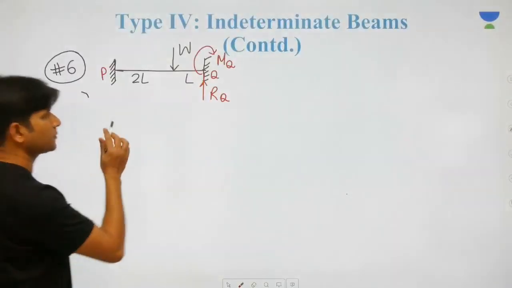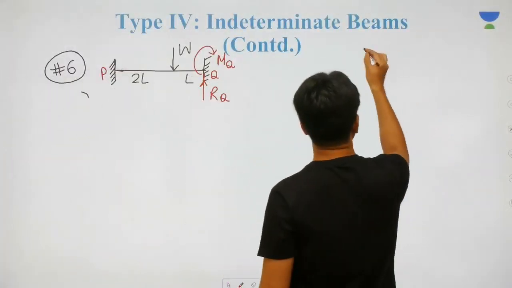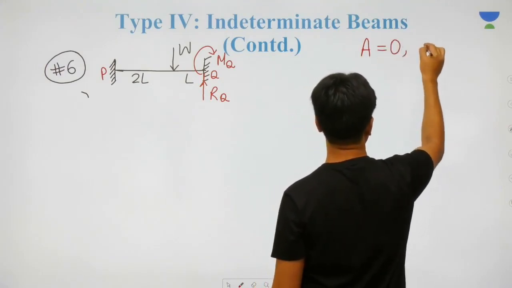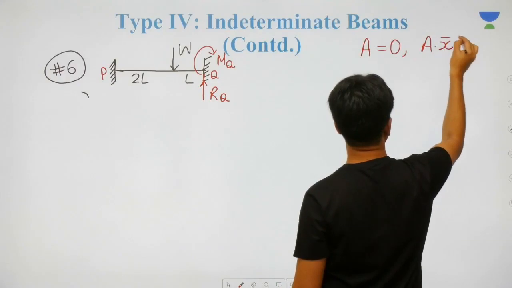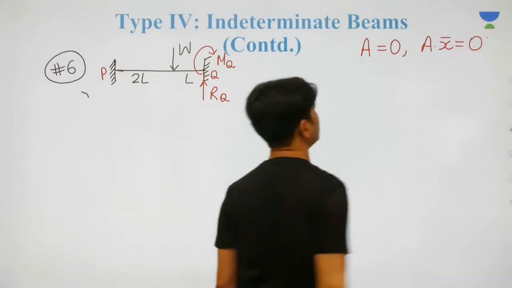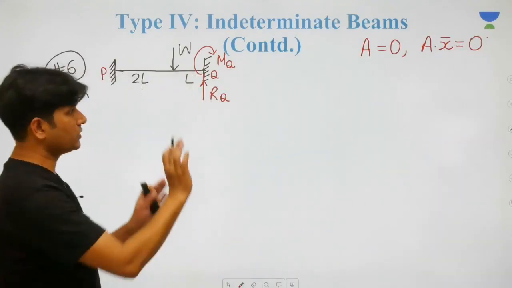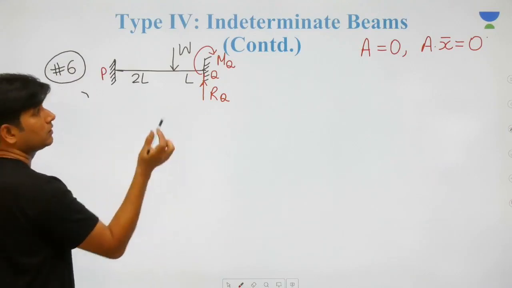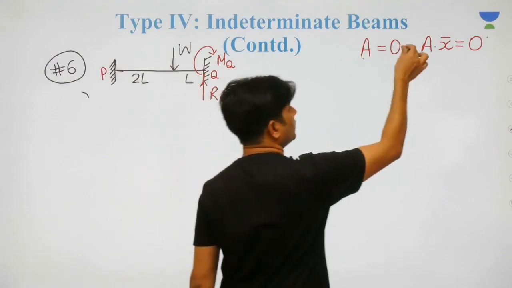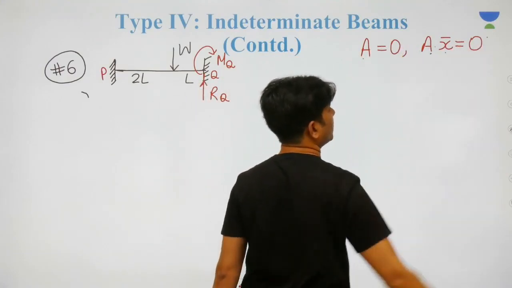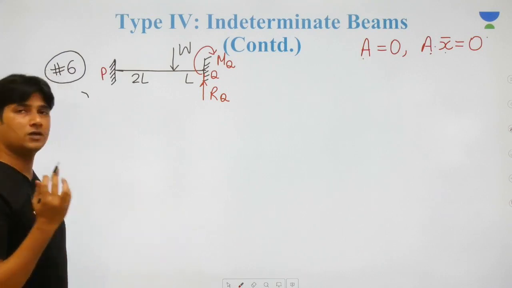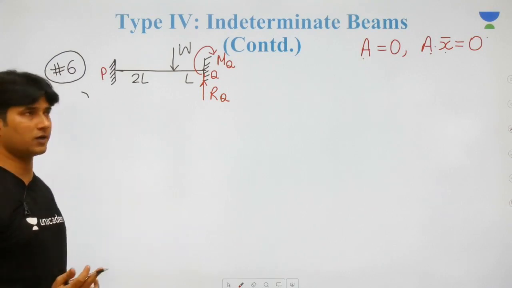Naturally, for using the area under the bending moment diagram and the area multiplied by X bar, you will first have to construct the bending moment diagram.